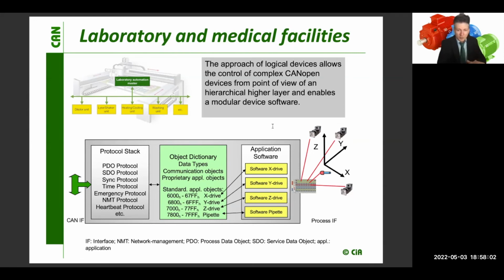And there could also be control of a pipette or injector. That could be designed in the object dictionary in completely separate index ranges for the application of each single axis. And how do I implement such things, especially in the case of PDO mapping?